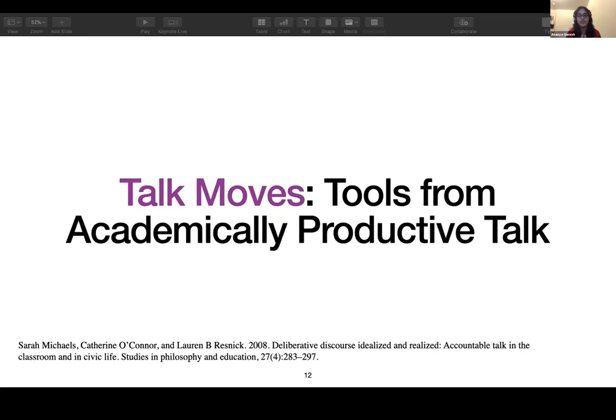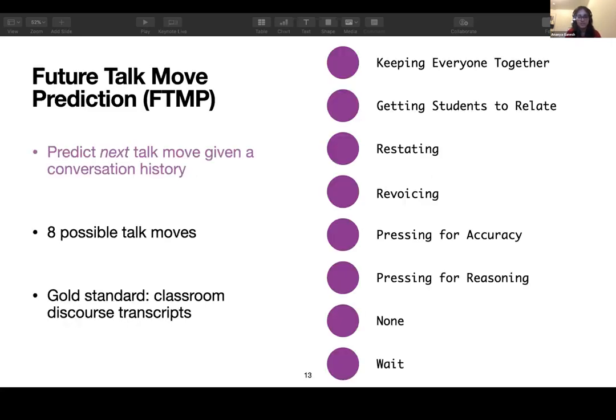Given some sort of conversational context, there are certain talk moves that you can make in order to have a productive discussion. So here are some examples of talk moves. Keeping everyone together and getting students to relate would typically be made by a teacher to bring the discussion on track or together.